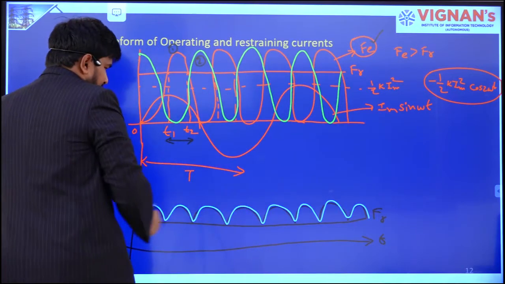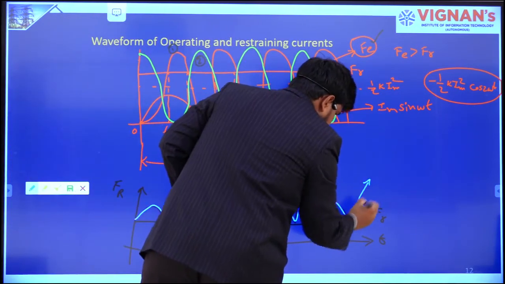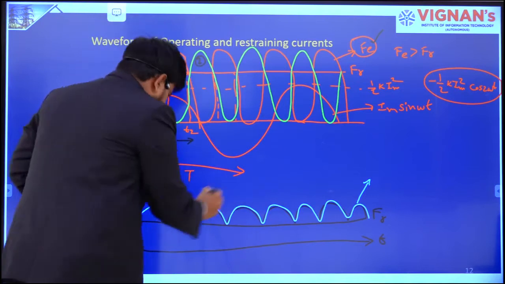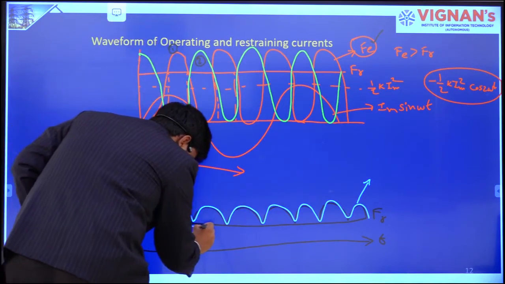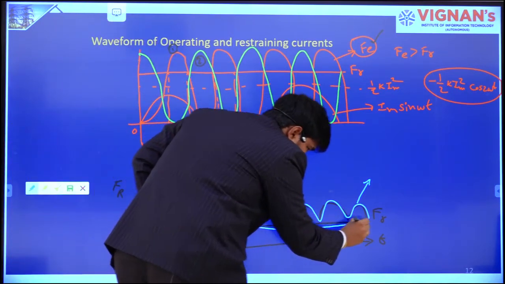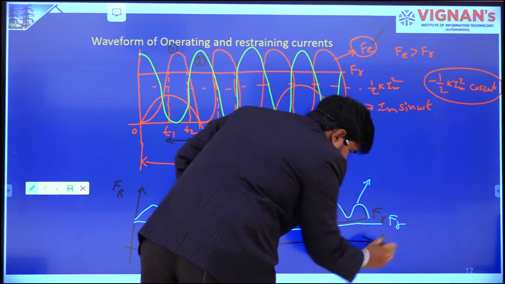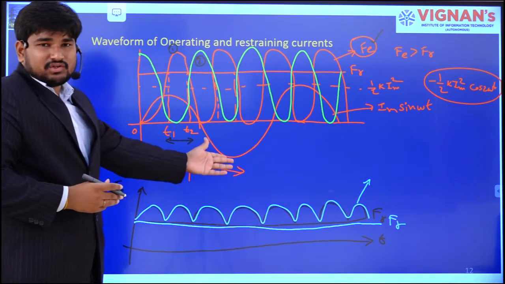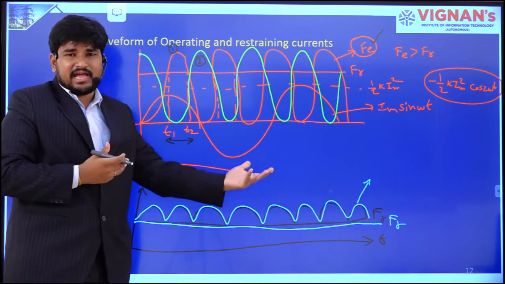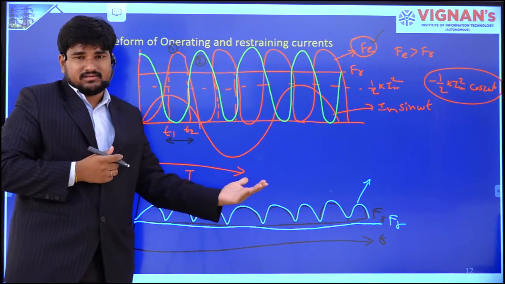This quantity is greater than Fr, so there is a continuous availability of torque.